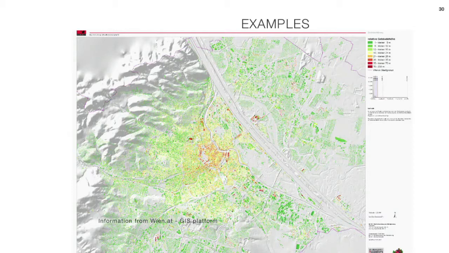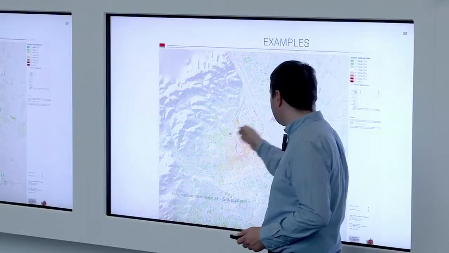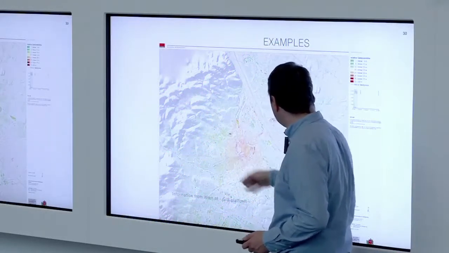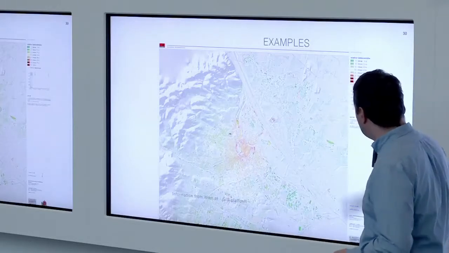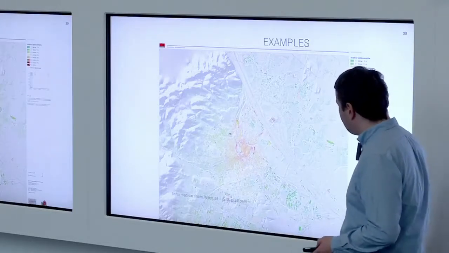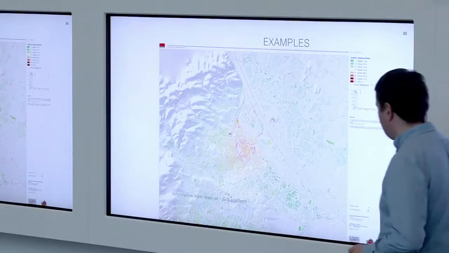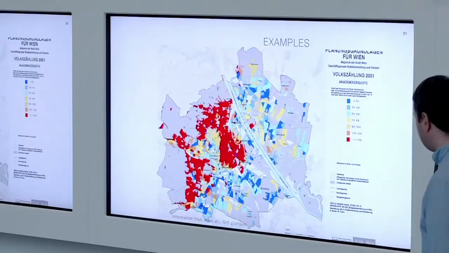So for instance, if you make a query on the whole of Vienna, what are the different building heights, you get such a map that you can very easily see that the higher density, the higher buildings are placed somehow in the middle, in the center, and then it goes very greenish, which is almost lower than 9 meters, so almost just 1 to 2 story housing.